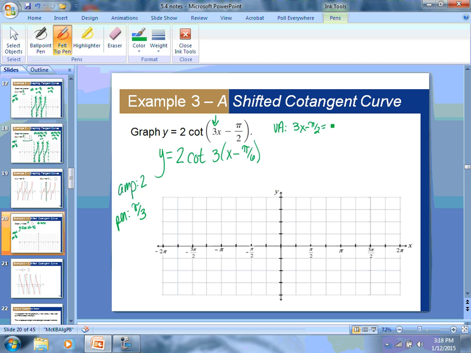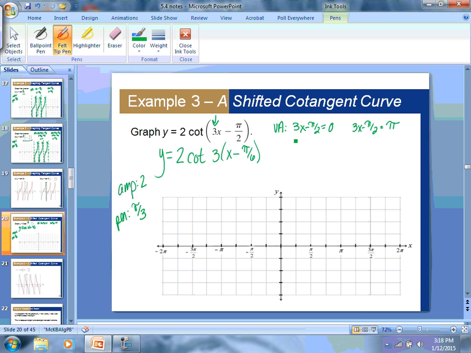And sine is undefined at 0 and pi. Okay, we're going to get an undefined value because sine is 0 at 0 and at pi. So that makes the cotangent undefined at 0 and at pi. Okay, so again, you have to think about what's in the denominator there.